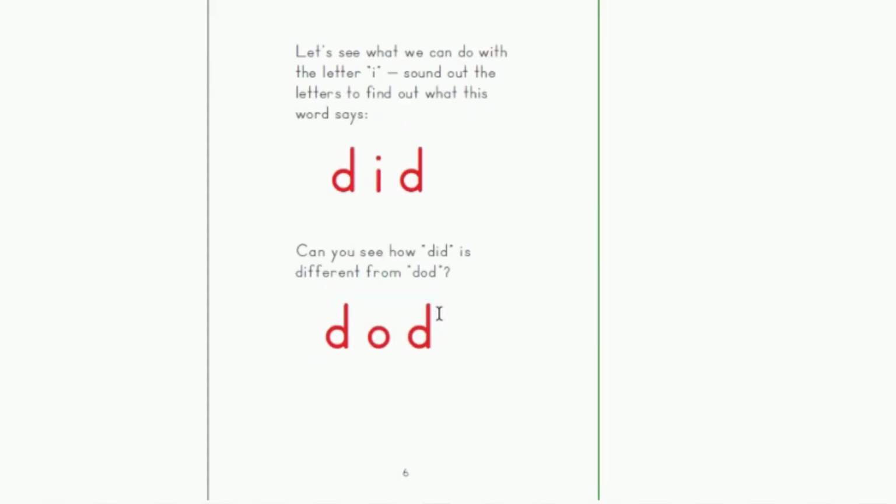So what is the word we can make? You know this word. What is this word? Dod. What is the word we made with O? Dod. But now O is replaced with I. So when I comes here, the first sound of D is now I. D. So did.